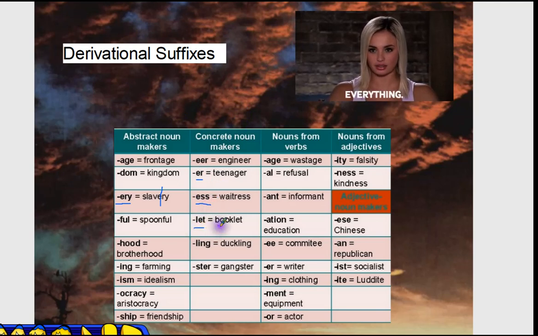Remember, for example, the word book could also be a verb. But if we say booklet, it's a noun. Also, when we make nouns from verbs, we have the verb refuse. It normally ends in an E. But when we add the derivational suffix -al, it becomes the noun refusal, and so on. You can, of course, pause the video and take notes. I really encourage you to do that.